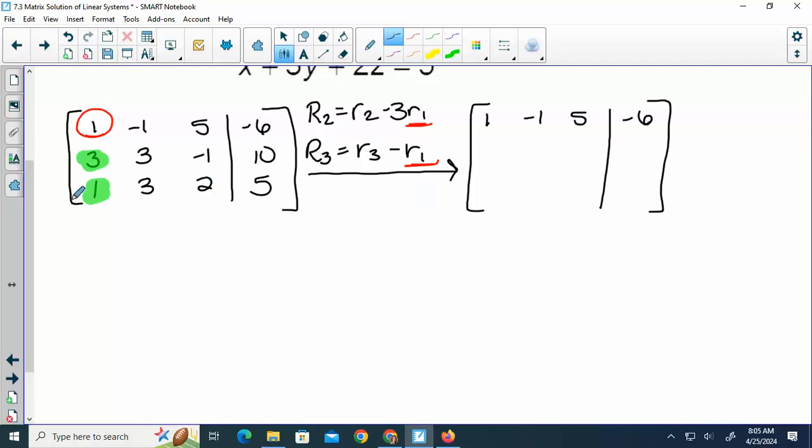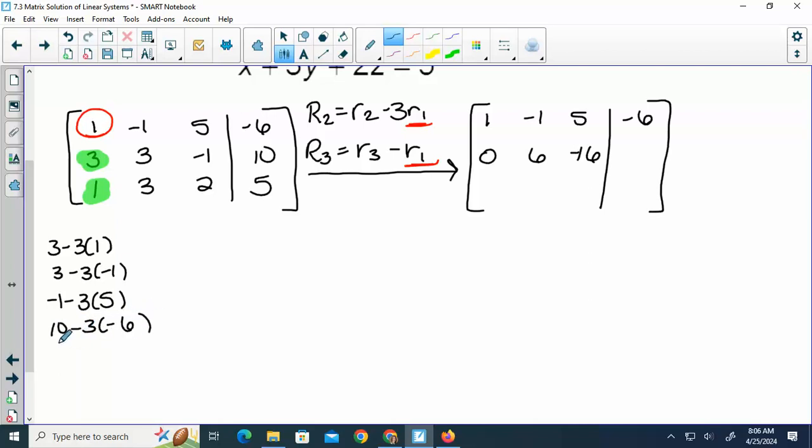So 3, and you write out as much work as you need to, minus 3 times 1 is 0. Next one, 3 minus 3 times negative 1 would be negative 1 minus 3 times 5, so negative 1 minus 15. Last one, 10 minus 3 times negative 6, so that's 10 plus 18.